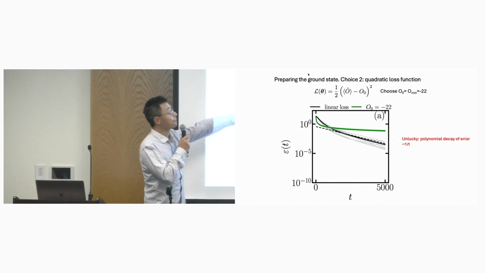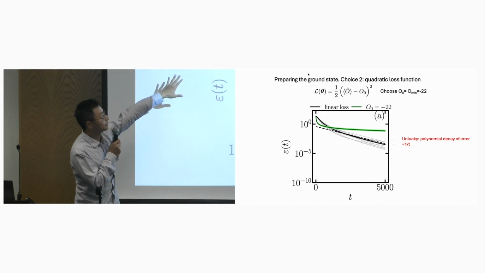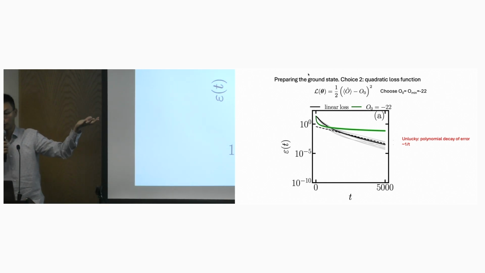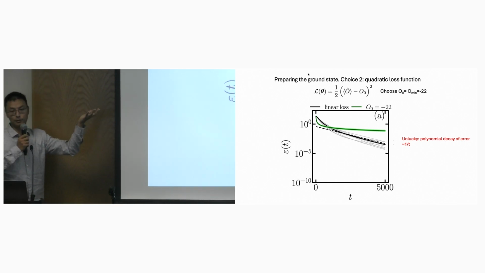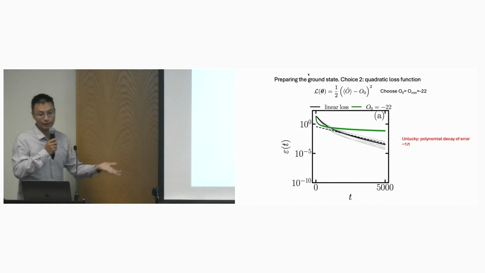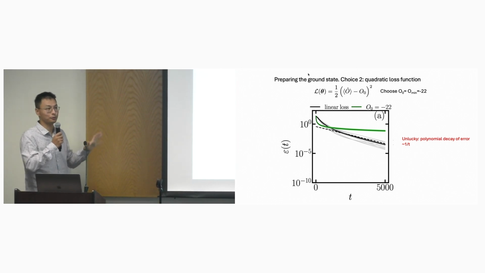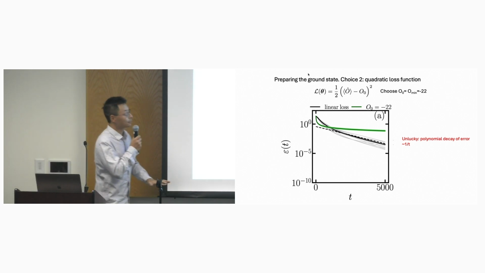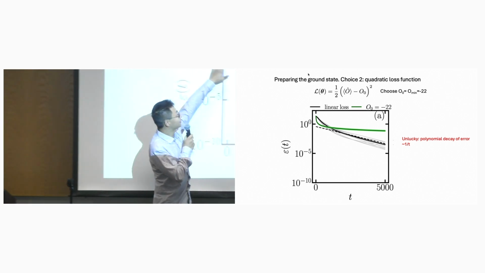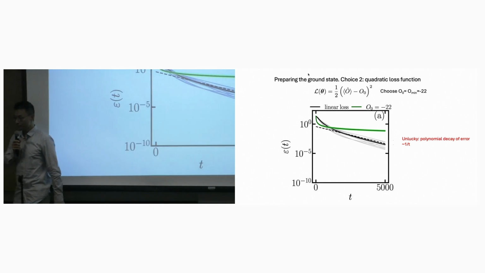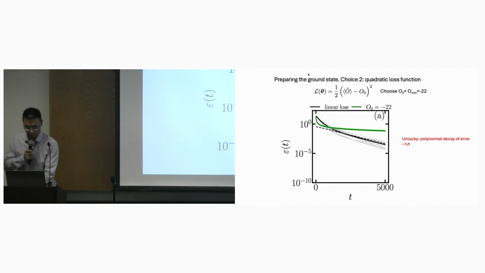And now, what if you want to choose a quadratic loss function instead of the linear one? In this case, let's say we give you the knowledge that you know O0. O0 is the ground state energy, and you're guaranteed that it is minus 22. You input that and try to prepare the state. However, suddenly the convergence becomes polynomial. It's much slower. It's this green curve here. So what happened?